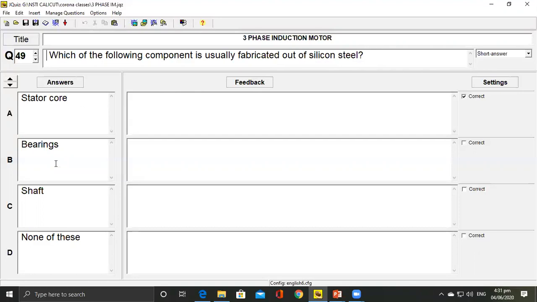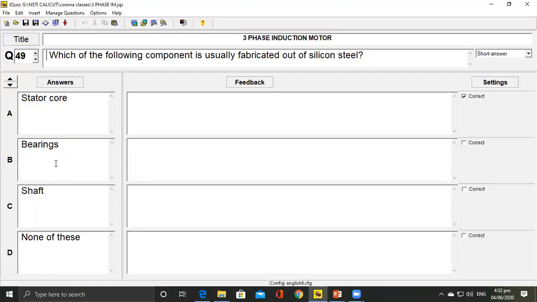There are mainly two losses: hysteresis loss and eddy current loss. These are known as core loss, not stator loss. Core loss is mainly hysteresis loss and eddy current loss.